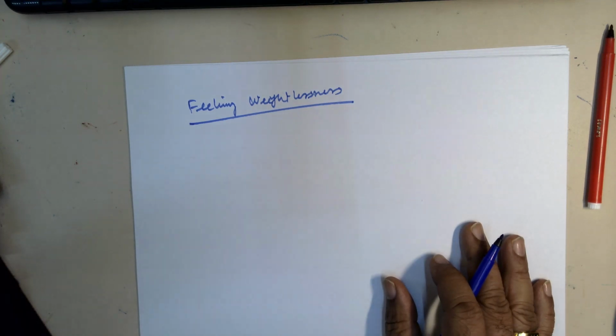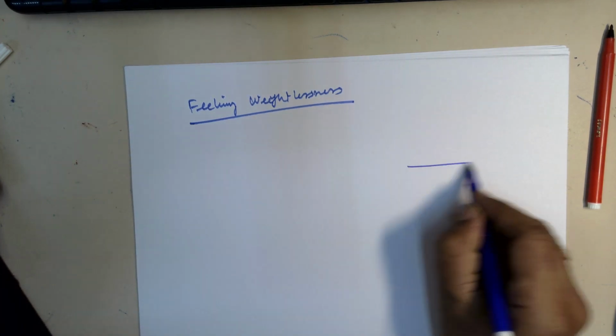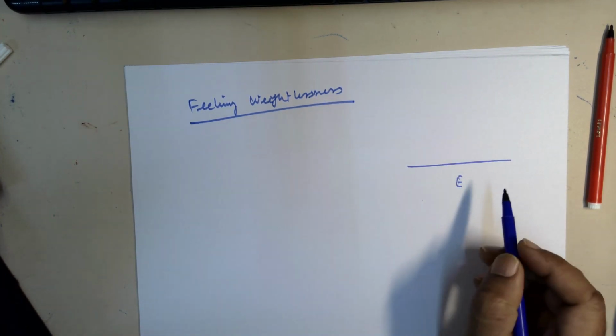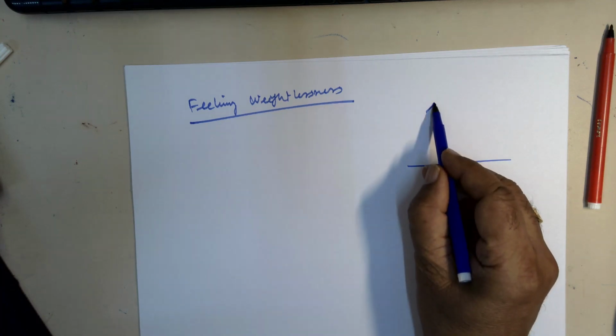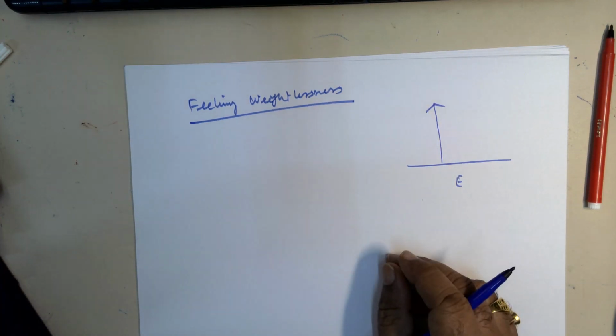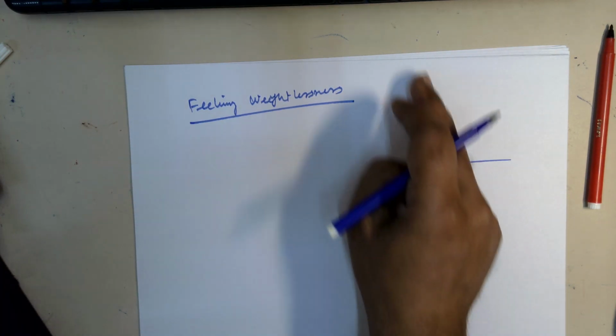And we feel our weight due to the reaction we get from the earth. As in free fall, we are not pushing against anything, so we are not getting any reaction. Do you understand? For example, this is the earth. When you climb up, you are pushing the earth and going forward.